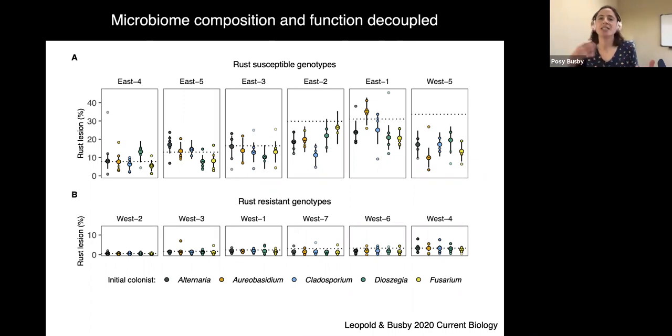So composition did not predict function. And that implicates other factors in disease modification by endophyte communities. There could be higher order interactions in the microbial community that are important. Endophytes could potentially be modifying the host defense response, immunity, differentially among these genotypes. So these are things that we need to further explore. But importantly, this decoupling really emphasizes the need to understand the assembly process in the community to fully understand function. We cannot simply predict function from composition.